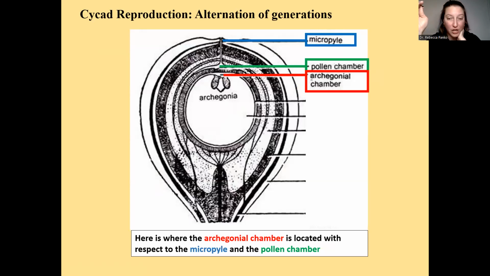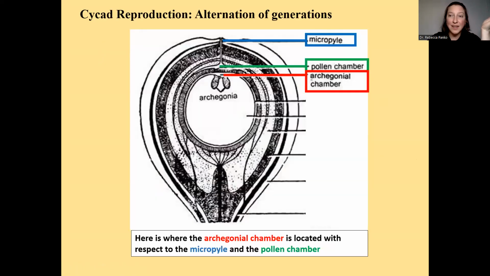Once in the pollen chamber, the pollen tube cell will grow through the wall of the Microsporangium and allow the two sperm to enter the archegonial chamber shown here. And so here is where the archegonial chamber is located with respect to the micropyle and the pollen chamber.